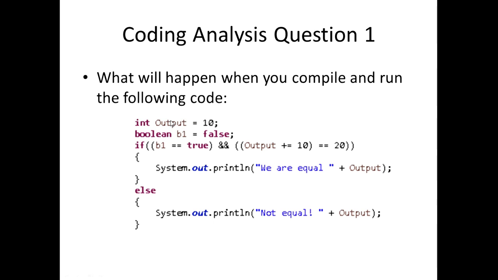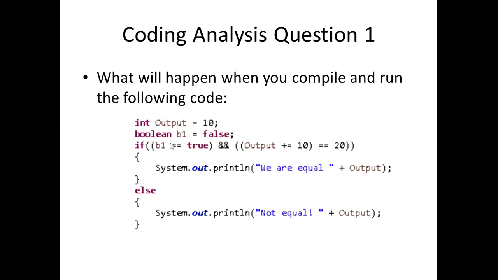All right, so the first thing that we need to do is to determine the first half of this conditional statement. So we have if B1 equals true. B1, which we initially set here, is equal to false. So false equals true, which is not correct, is going to result in false.